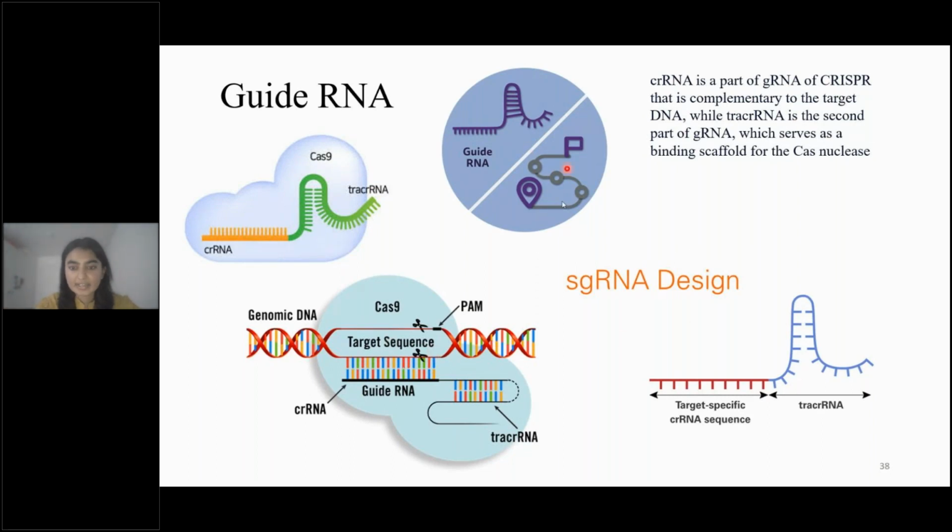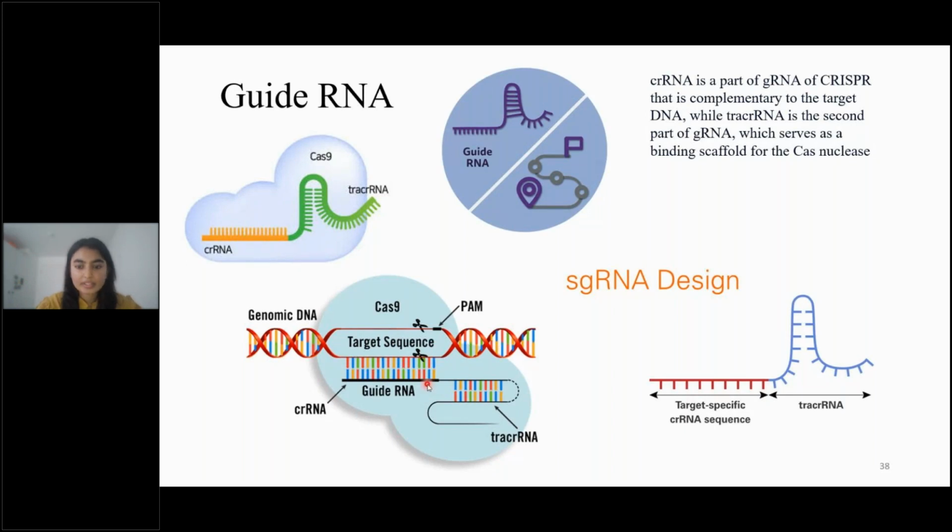The guide RNA is made up of two parts. It's called the crRNA, which is the target specific part, and the tracrRNA, the tracer RNA. So the guide RNA is basically these two parts. Now what did Jennifer Doudna do? They modified the crRNA sequence in the guide RNA, and now the guide RNA started cutting the complementary parts in the DNA.